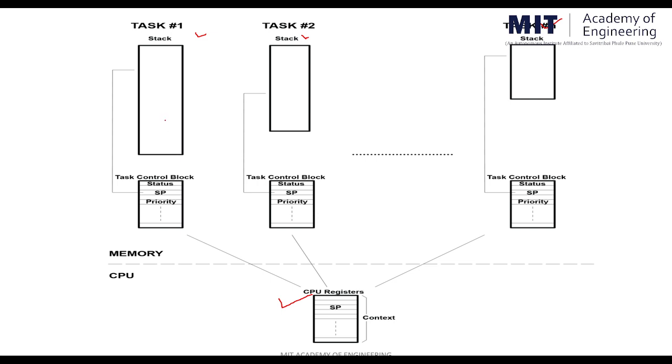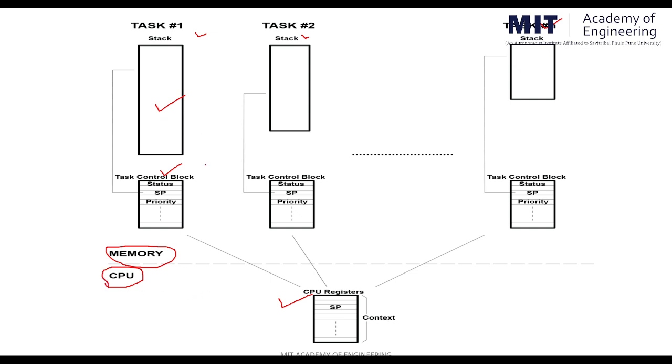There are two important structures: the stack and the task control block. These two structures play a very important role in context switching, and they are present in the memory, while the CPU is present at the hardware level.